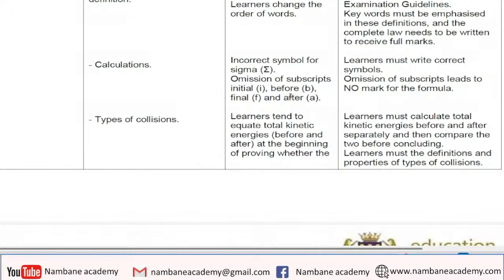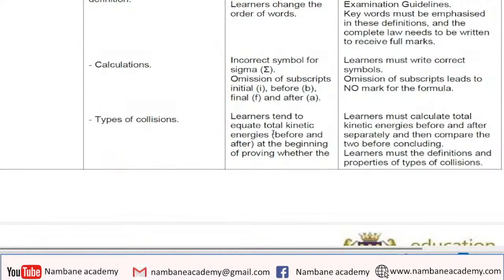If the principle is wrong, then we are not allowed to mark any further. So please be careful how you write symbols, because symbols to us, they talk. That is how we talk in physical sciences. We use symbols. When you say sum, it must be a correct sigma that we know. So if you are unable to write the correct sigma, and your sigma is like an E, please go and correct it and practice writing the correct sigma.